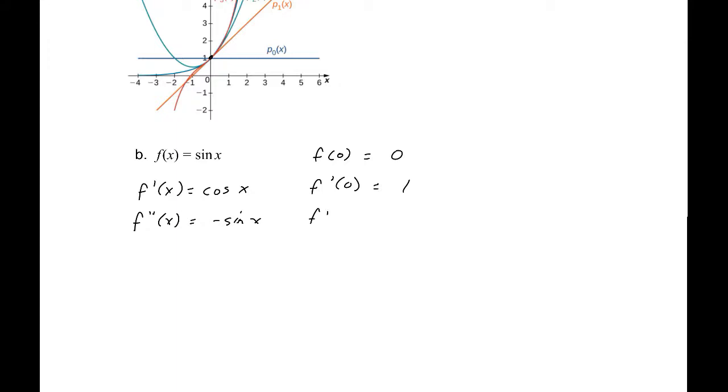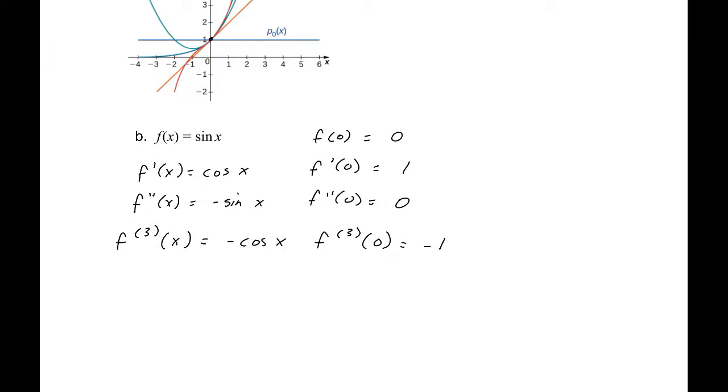So our f double prime of 0 is 0. Let's try that again. F triple prime of x is then negative cosine x, and so evaluating that at 0, we have negative 1.